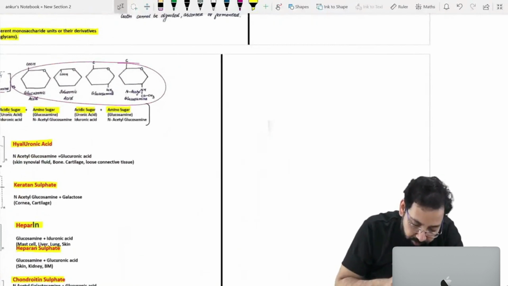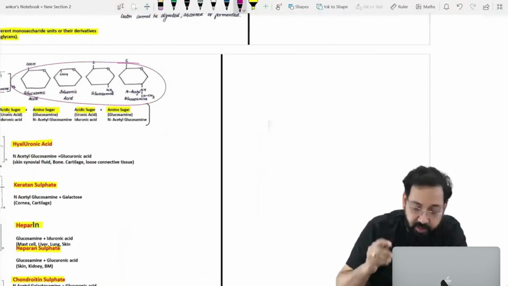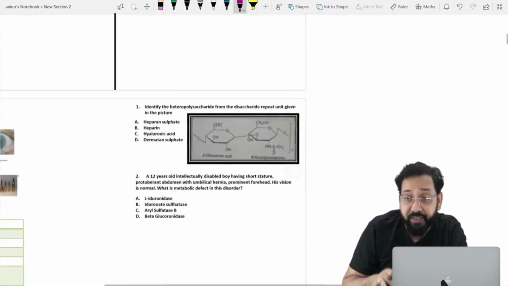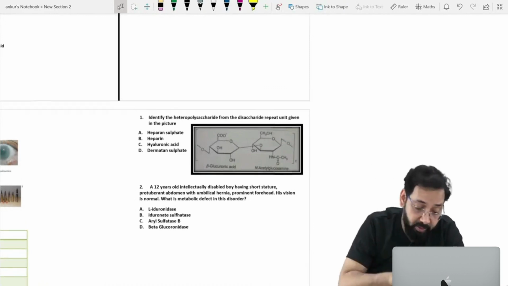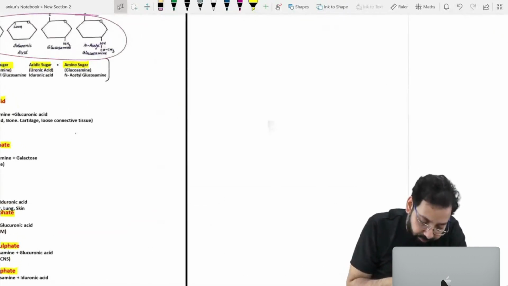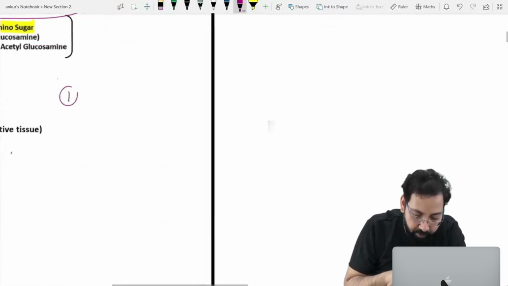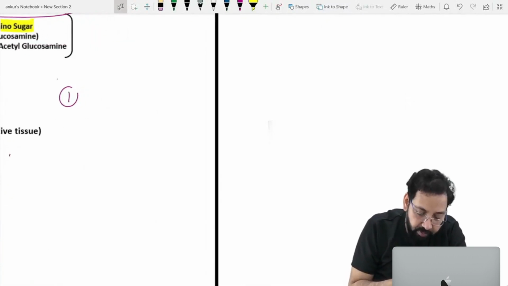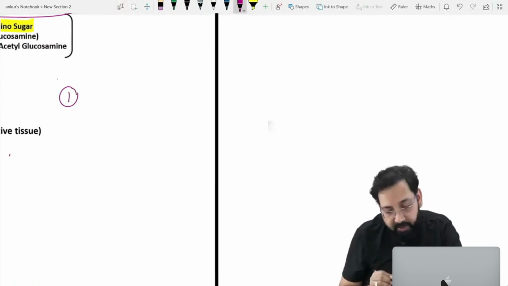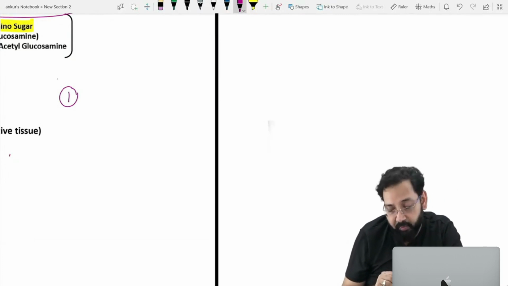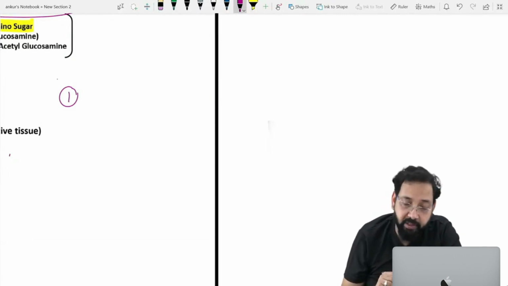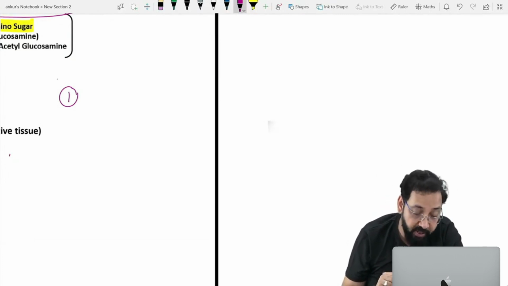First mnemonic: there are 6 mucopolysaccharides, and if a structure is given, how to recognize it, you will follow a sequence. If a structure is given, you will immediately understand that they have given a mucopolysaccharide, a glycosaminoglycan. They will give it many times in the question, and they will ask which glycosaminoglycan it is.